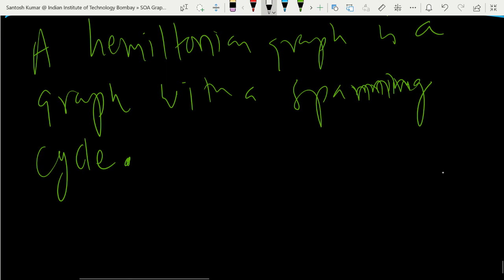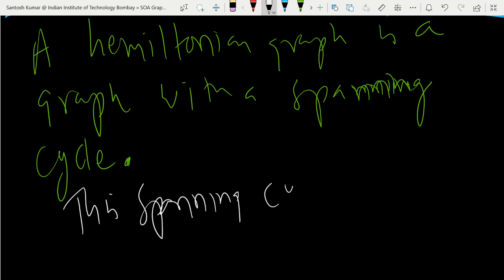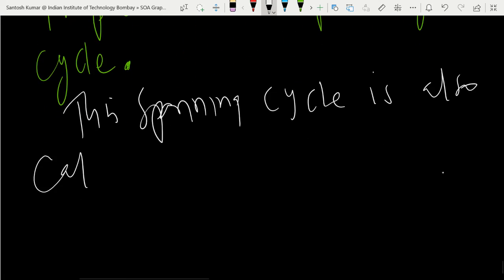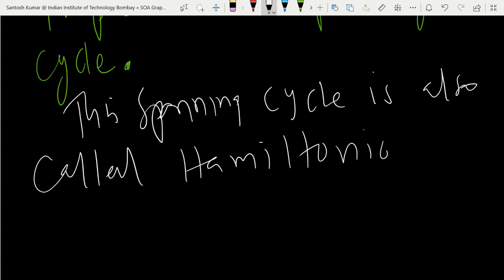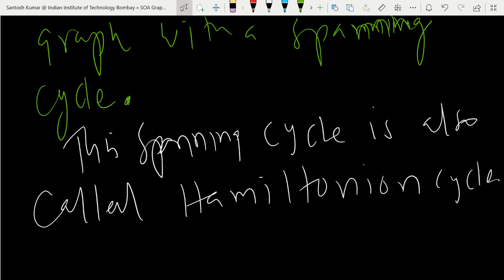And this spanning cycle is also called a Hamiltonian cycle.